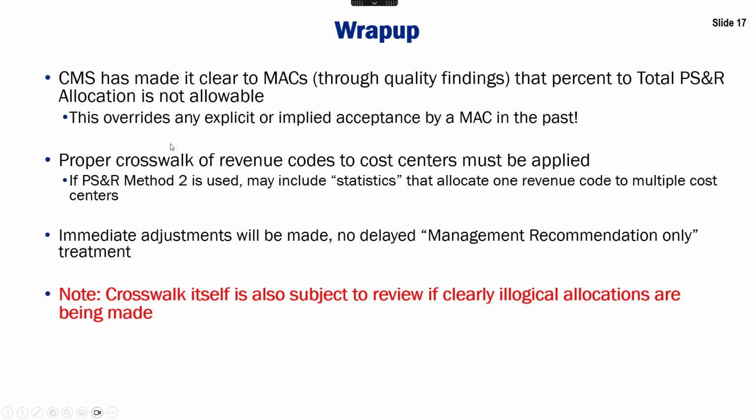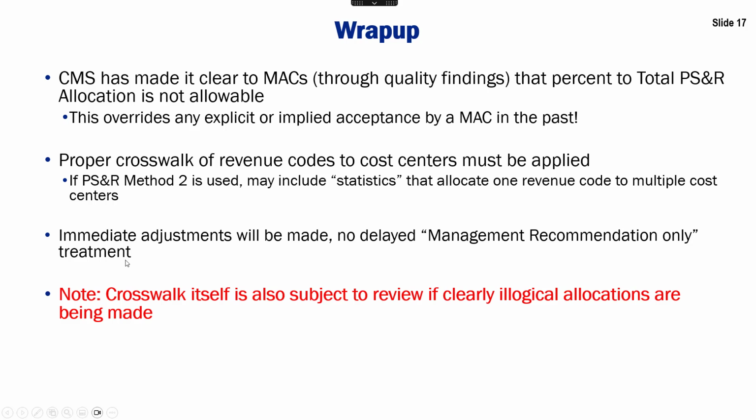And I want to stress here, regardless of what might have been done in the past, whether a MAC has allowed you to use that method or not, whether they've given explicit permission or whether it's just been implicitly, passively allowed, it's no longer going to be allowed. Instead, we have to identify what that proper crosswalk is, what your statistical allocation is, and reapply it.